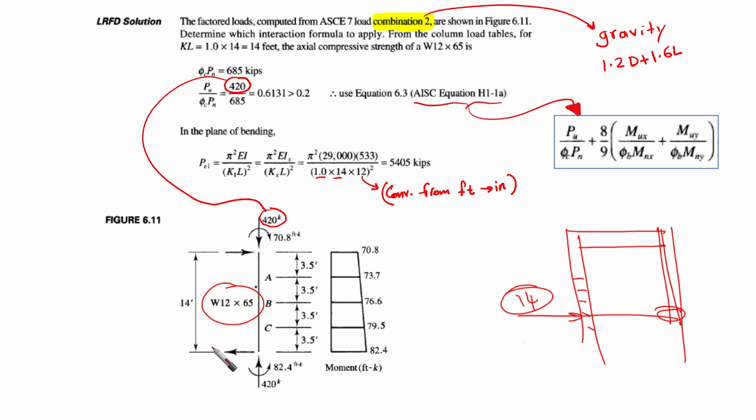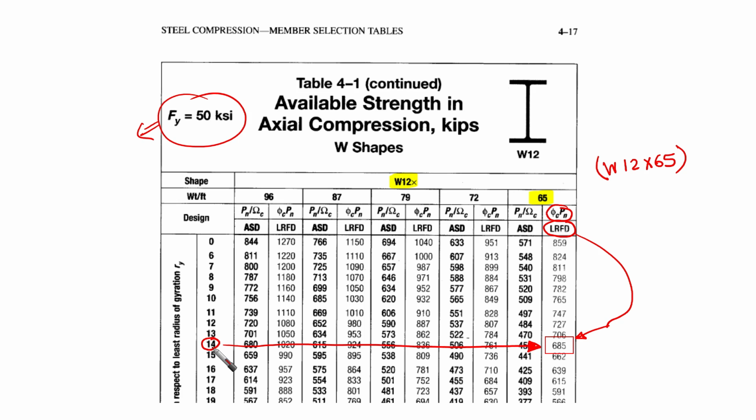We have W12 by 65, right? So we're going to the table for wide flange, Table 4-1, available strengths in axial compression in kips. We're going to go to W12 because our section is 12 by 65.